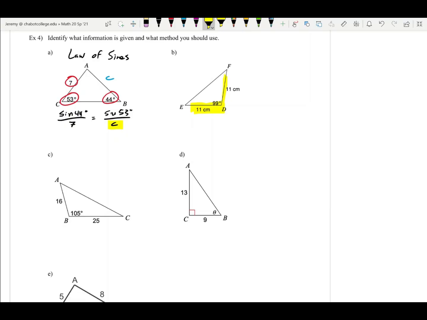And the nice thing about this situation is I know that by using law of cosines, I can really quickly solve for this side length over here, which I guess would be side length D, just given how we labeled these. And I know that D squared would be equal to 11 squared plus 11 squared minus 2 times 11 times 11 times cosine of D, which is, write in 99 degrees.